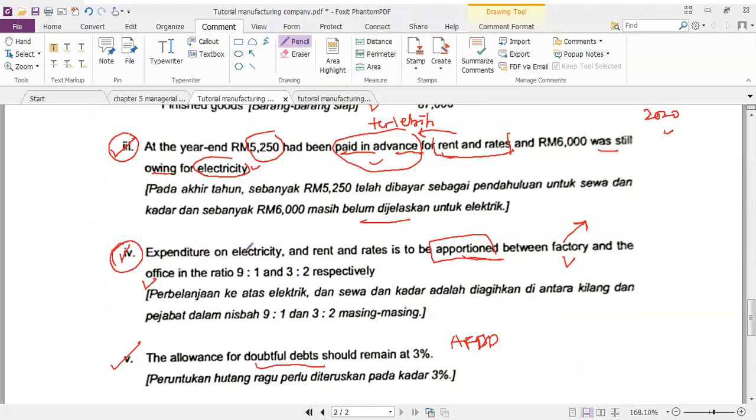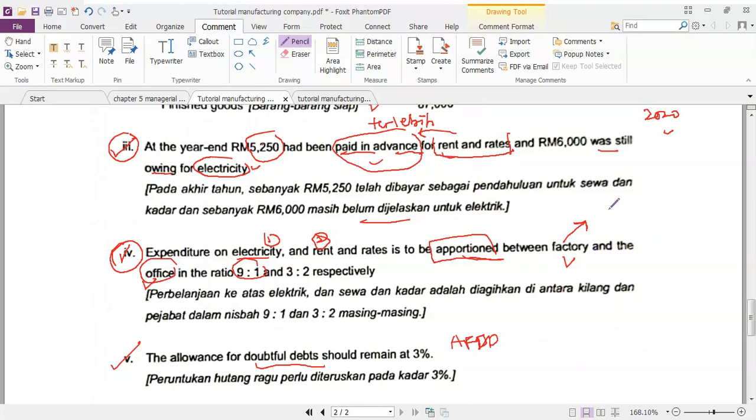Okay, so tengok pula additional information number 4, expenditure on electricity. Dia bagi tahu, expenditure or expenses on electricity and also rent and rates yang after kita dah tambah dengan tolak tadi at the third additional information is to be apportioned between factory and the office in the ratio of 9:1.